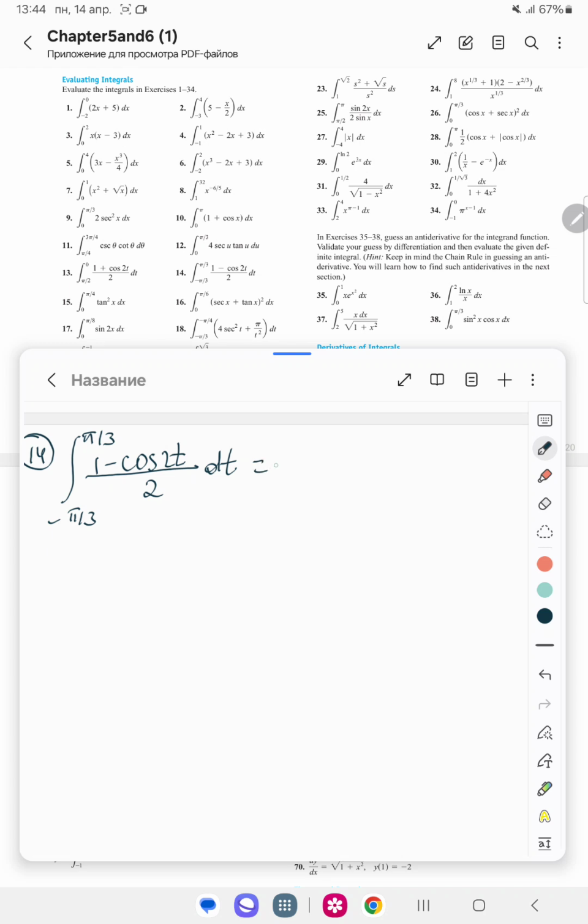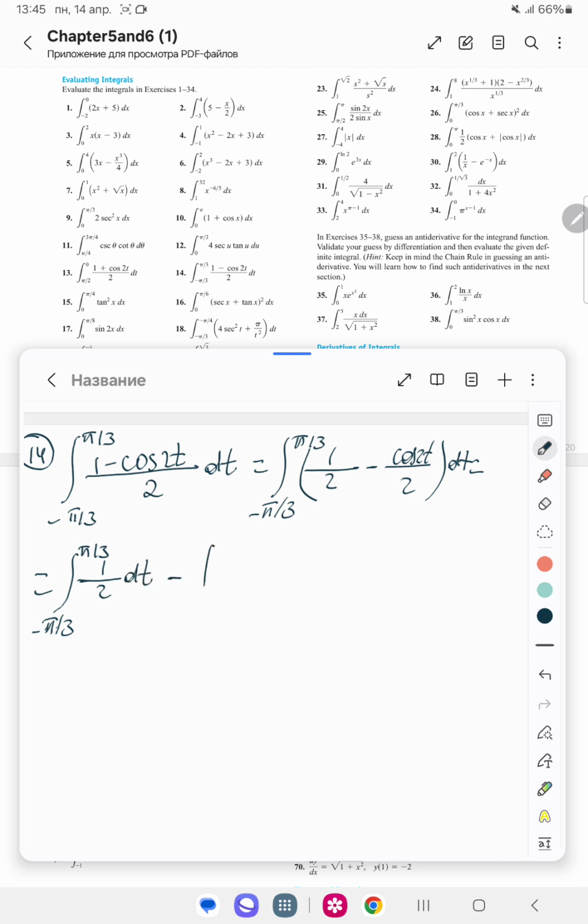What we will get? So again, I will write something like this. So this is 1 over 2 minus, yes. Now I will apply the substitution rule. 1 over 2 dt minus 1 over 2 is a constant here, so I will just put it here.